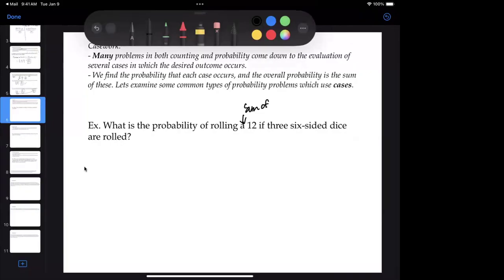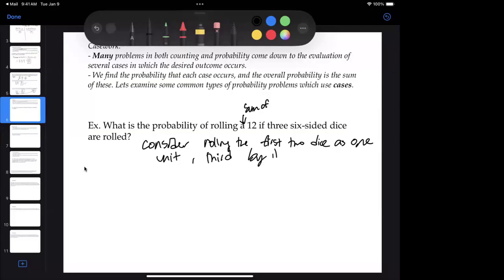I think the best way to do this is to consider rolling the first 2 dice as 1 unit. This simplifies things a lot. And then the third by itself. Then which configurations will give us 12?